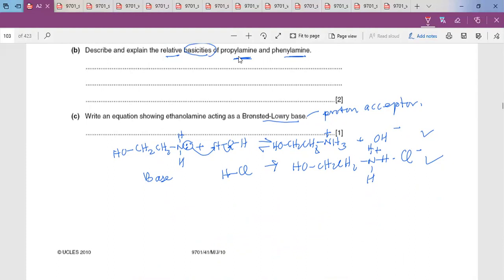Propylamine, of course, is this one here: CH3, CH2, I'm going to put this separately here. It's propylamine and H. I'm going to put H here and the lone pair here. And here is your phenylamine.